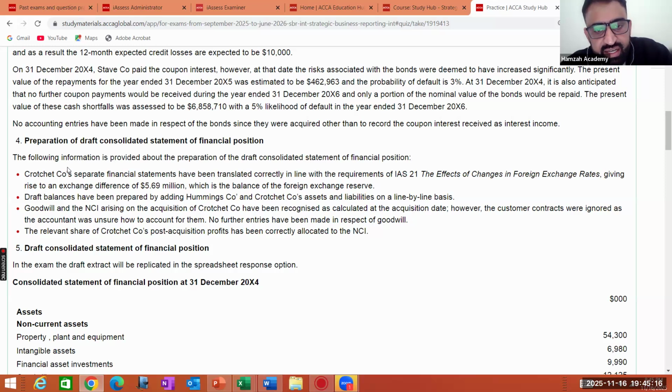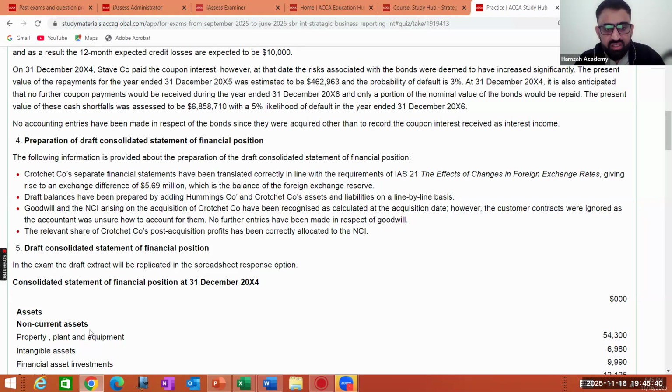Goodwill and NCI at the date of acquisition is calculated accordingly, but there is one mistake: they didn't account for the customer contract, which we have now accounted for, and with that we have recorded all the adjustments, and no further entries of the goodwill have been performed, like impairment and exchange gain, which we have performed. Okay.